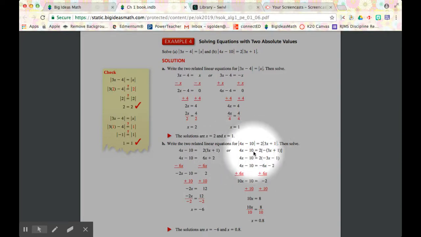So they wrote it right here using brackets to show you that it's 2 on the outside times negative times everything in those parentheses. So essentially, it just changes the sign of everything just inside the absolute value. So we have 4x minus 10 on this side equals 2 times, and now we have -3x minus 1.